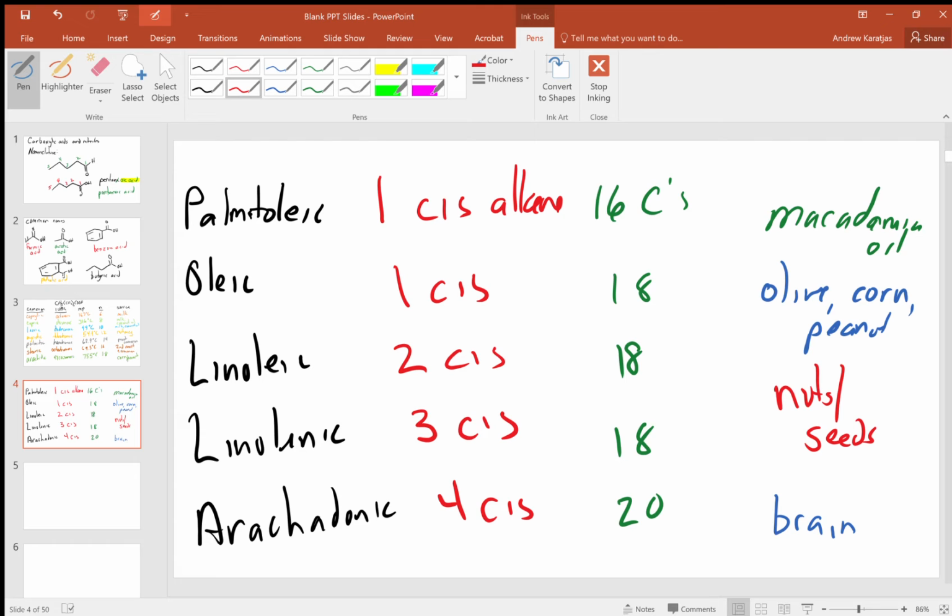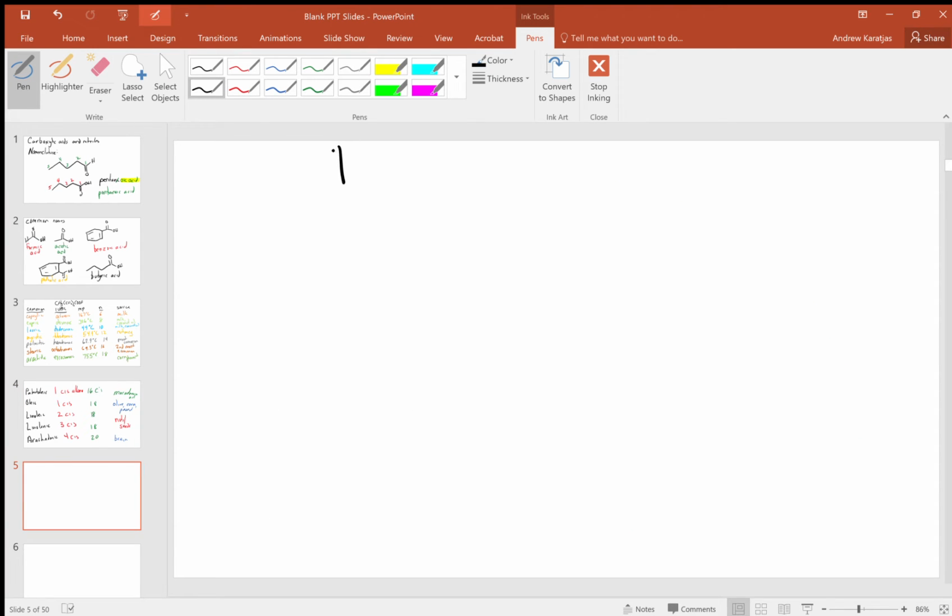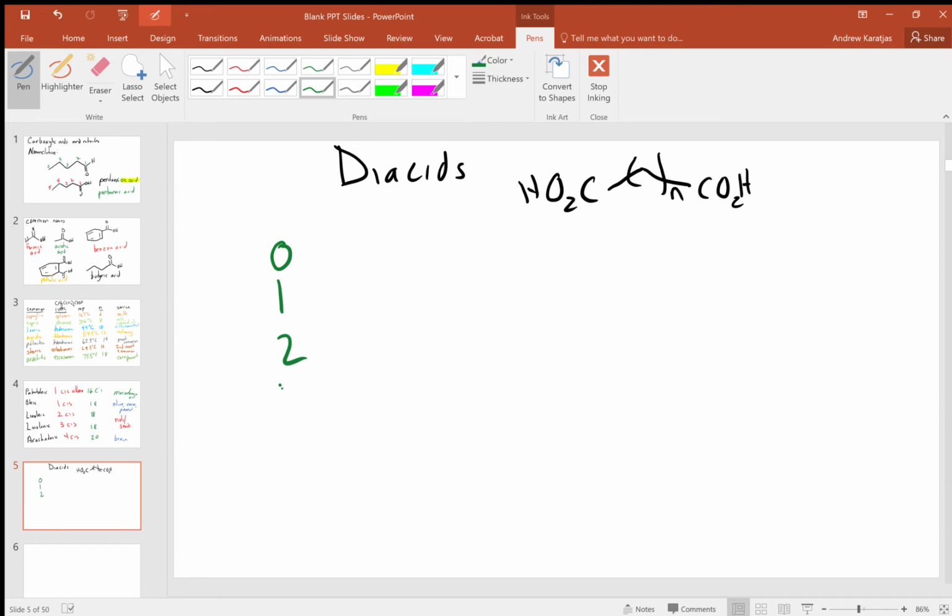The other group of carboxylic acids that we see have a lot of common names are when we deal with diacids. So diacid being a molecule that has a carboxylic acid group at both ends. And the first 6 of those, from when there's 0 carbons in the middle up to 5 carbons in the middle, are fairly important, fairly common, and have widely used common names.